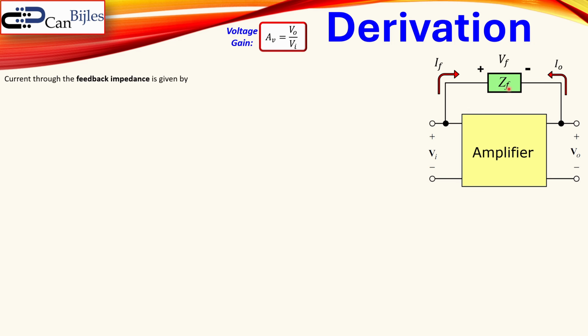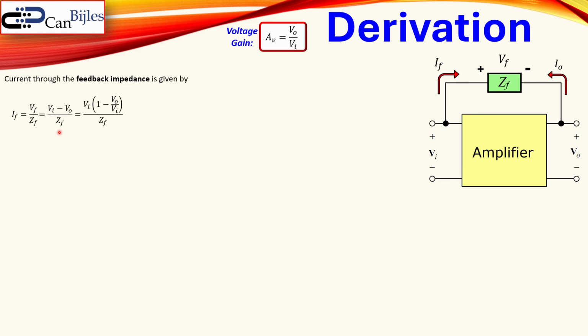The current through this feedback impedance is given by Ohm's law. We can say the current IF is equal to the voltage VF divided by the impedance ZF. And the voltage VF is of course the voltage at this node, which is VI, minus the voltage at this node, which is VO, again divided by the feedback impedance ZF.